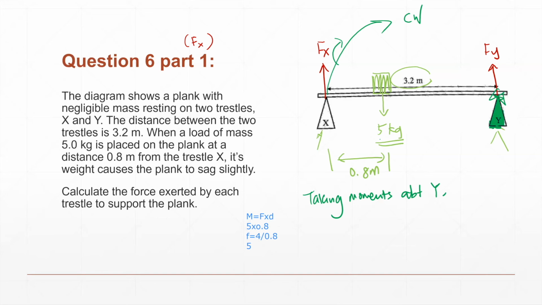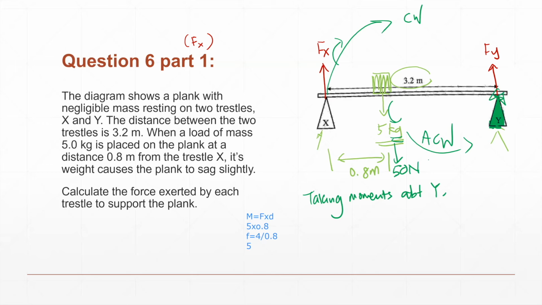Then this 5 kilograms will cause it to turn anti-clockwise. So this is anti-clockwise. Then you have to take note of the units. So this is in kilograms. So you have to convert it to force in newtons.